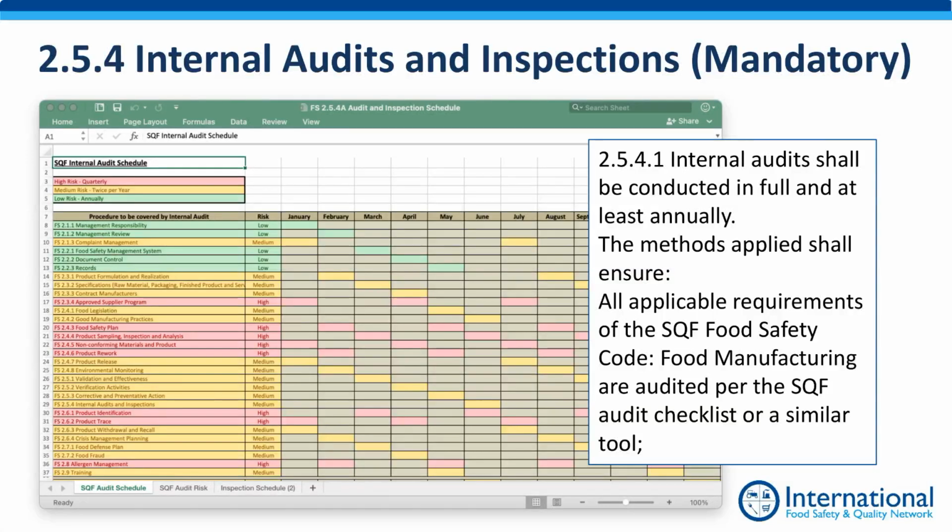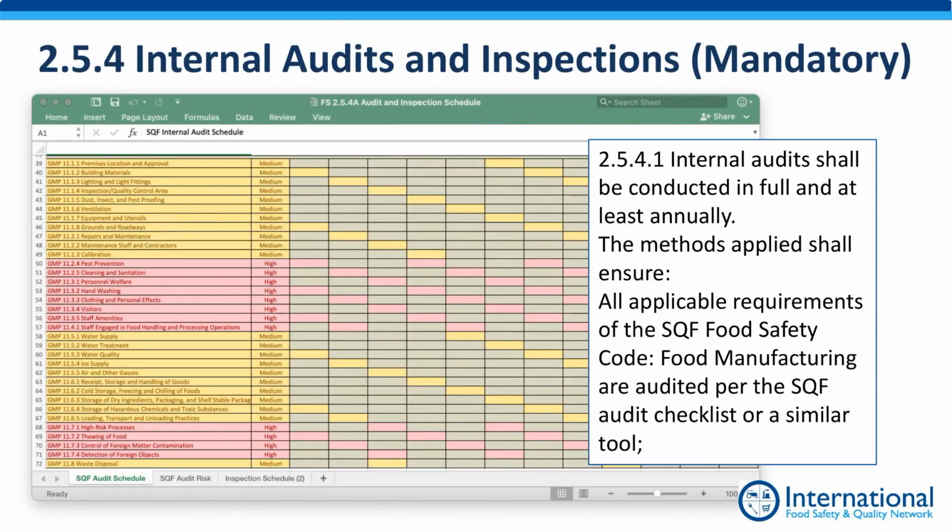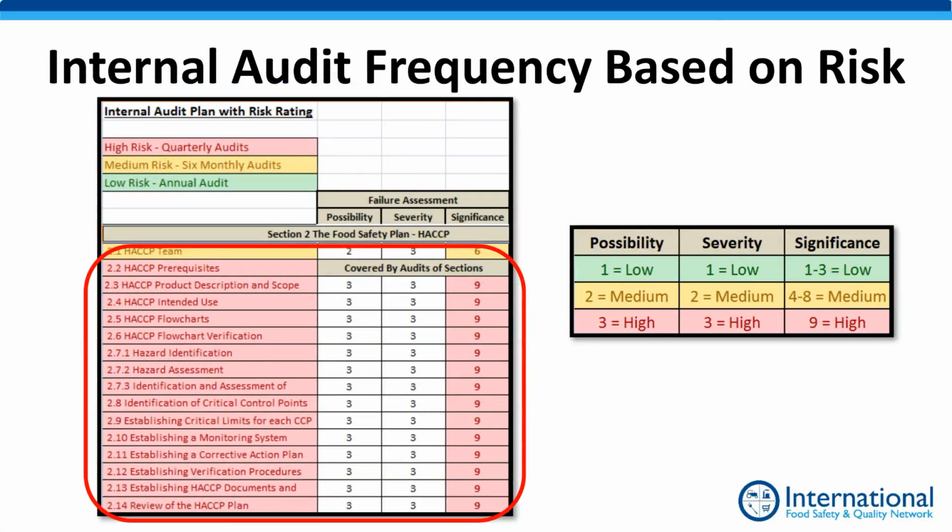So audits should be conducted at least annually, and the methods should ensure all applicable requirements of the Food Safety Code are covered. It's good practice for internal audits to be scheduled based on the risk associated with a procedure or activity. Critical control points should be prioritized over operational prerequisite programs and preventive controls, and then prerequisite programs.